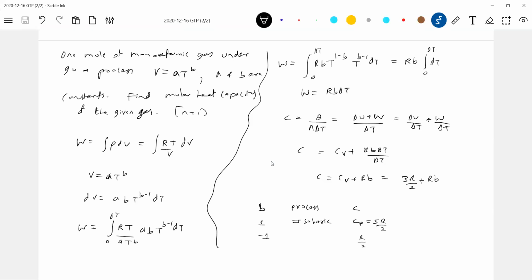So can you say anything about the process? No, sir. It is some general thermodynamic process, right? GTP. If I write B equal to 2, it will be a general thermodynamic process, with molar capacity 7R by 2.